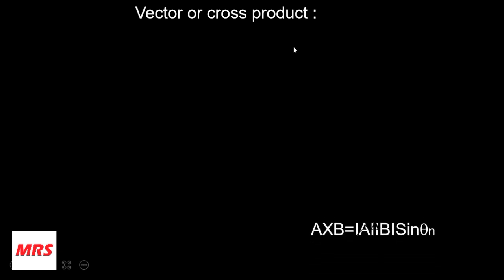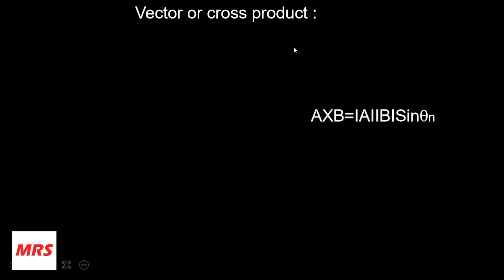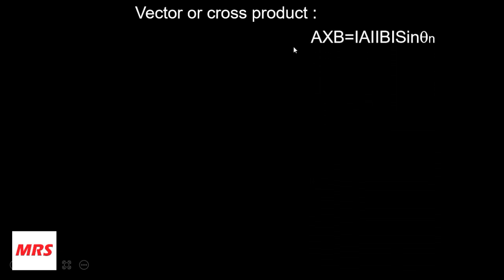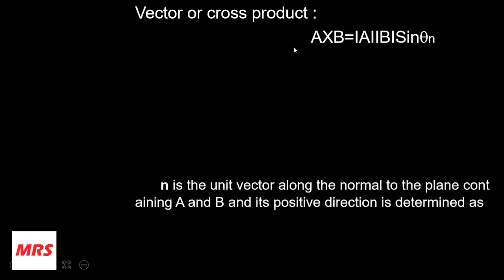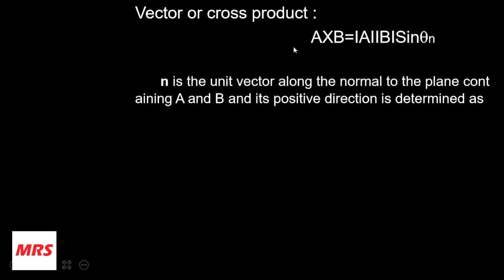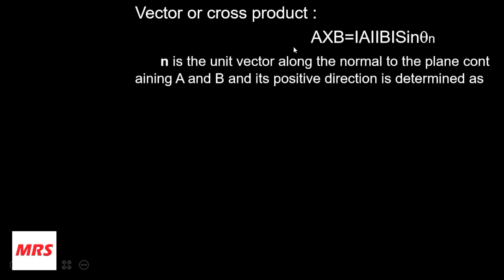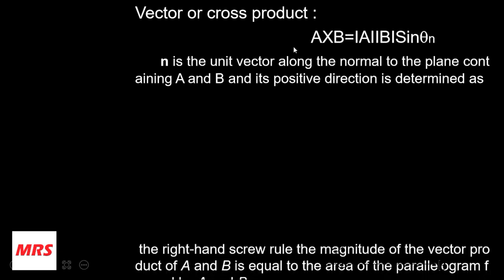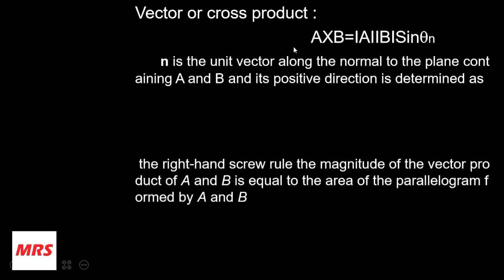Vector or cross product. It is the product of two vectors. A cross B is equal to magnitude of A and magnitude of B, sine of the angle between these two vectors, times n. Here suffix n is the unit vector along the normal to the plane containing A and B, and its positive direction is determined by the right hand screw rule.